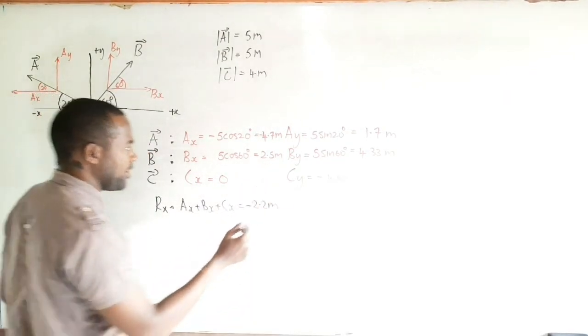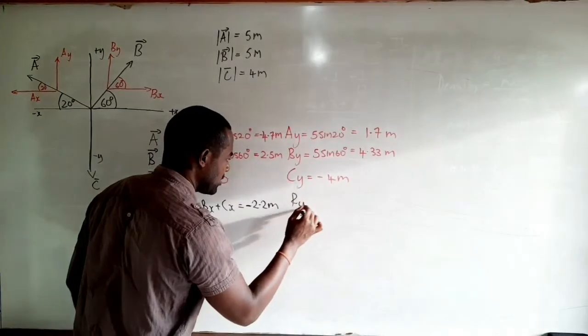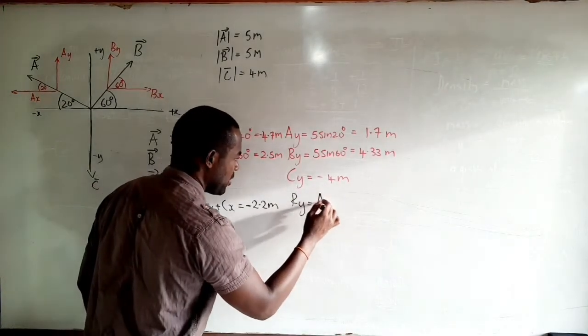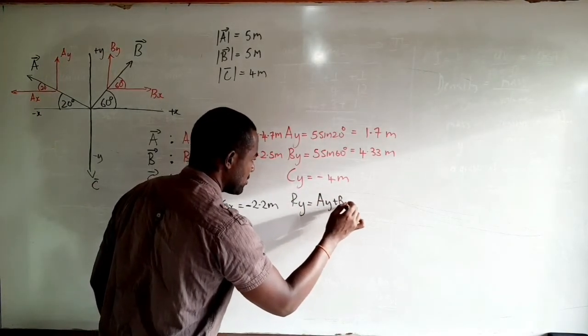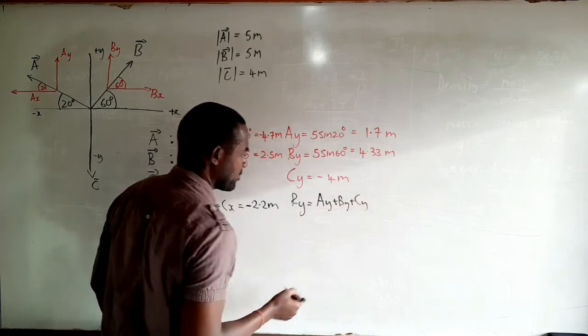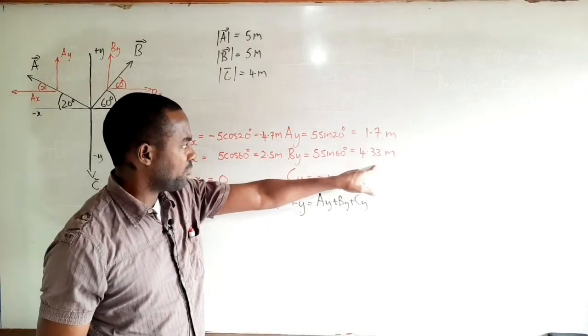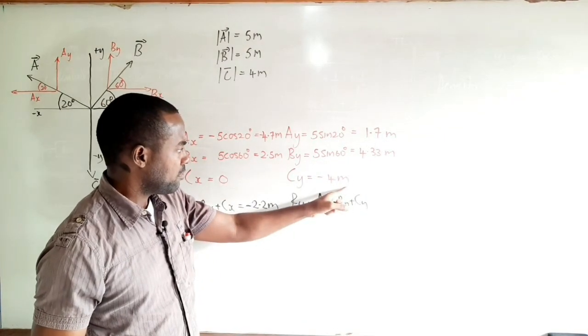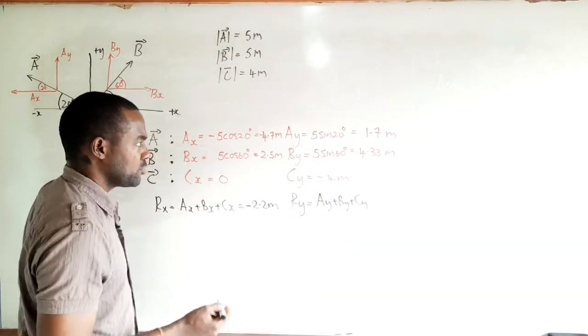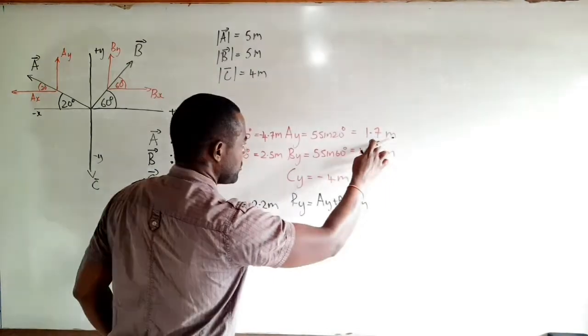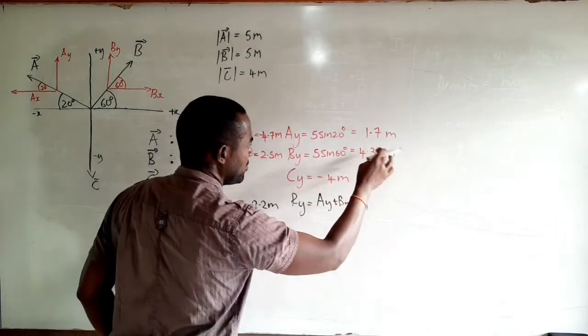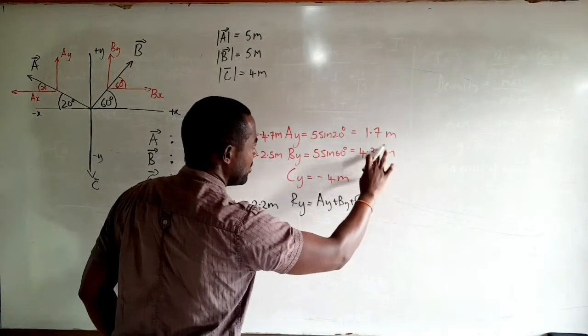Now for Ry, we'll do something similar. So Ry is equal to Ay plus By plus Cy. So we have 1.7 plus 4.33 plus minus 4. Let's call this 4.3 for ease of calculation to one decimal place, right?